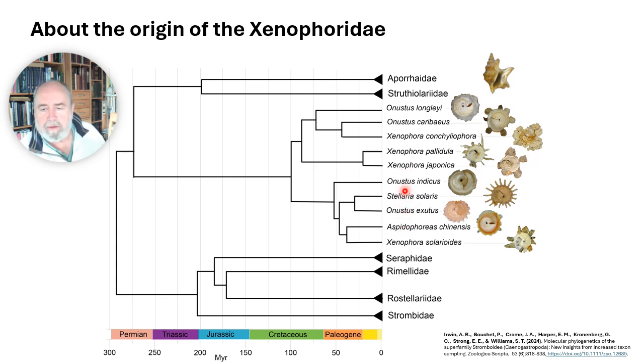That is very strange, and there is also already ongoing research. Second point is that the Aporrhaidae are related to the Stromboidea, and there is a big difference. The Aporrhaidae have a rostrum, you can see here. The Xenophoridae do not have a rostrum.